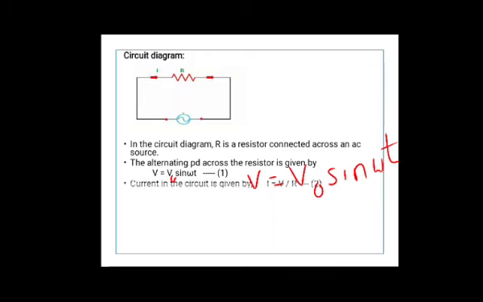Then the current in the circuit, according to Ohm's law, is I = V/R. Substitute the value of V here.